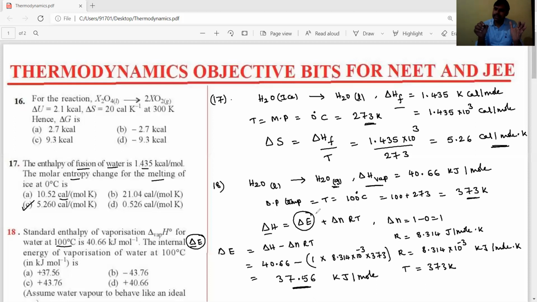Delta N is the difference between the number of moles of gaseous products and the number of moles of gaseous reactants. Then delta N is 1, the R value is the universal gas constant, and we have the temperature. Just like that we found the delta E value, the internal energy change, which is plus 37.56. The A option is correct. Okay students, let's go for the 19th question.